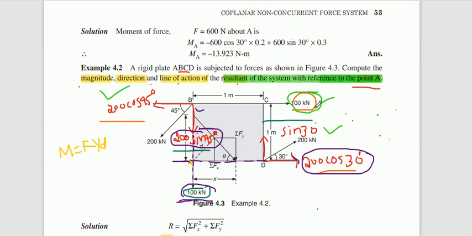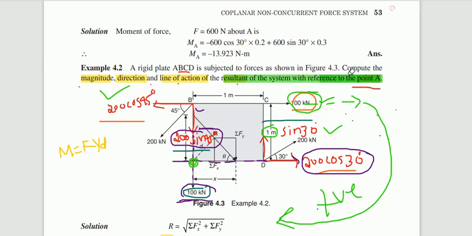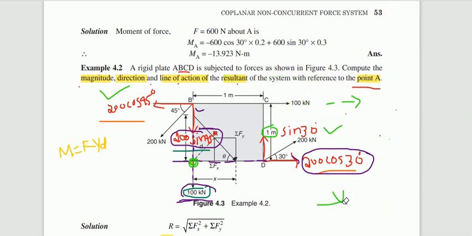You can observe the line of action of the 100 force is here and our point is here. The distance between the line of action and the point is 1 meter, as given here. So force into perpendicular distance is 100 into 1, and in order to reach point A it should come like this, so that is a positive moment.